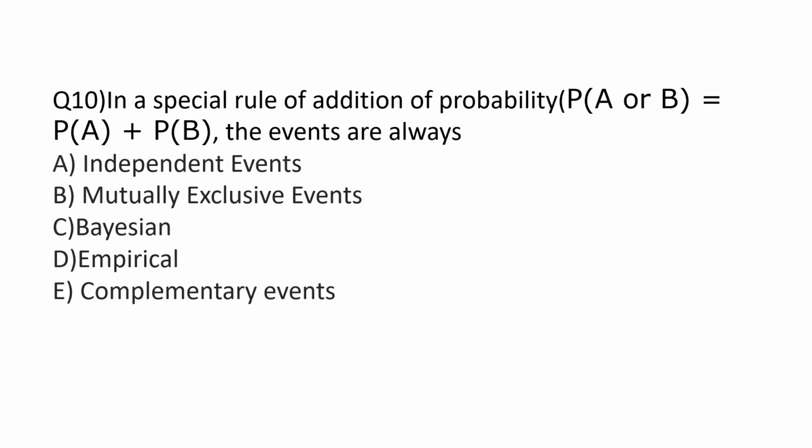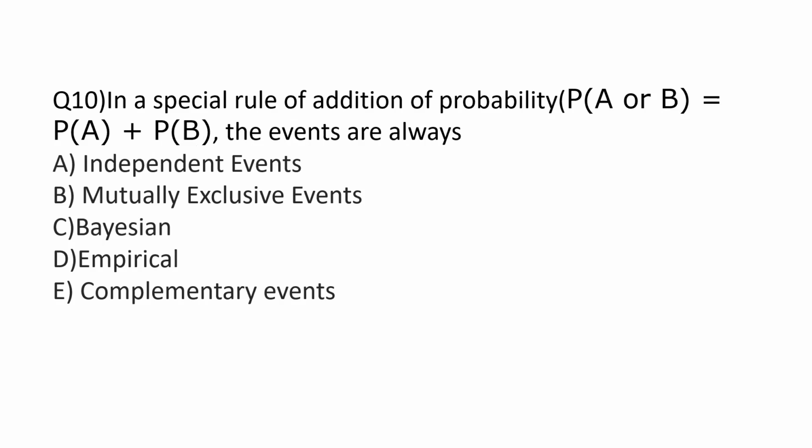And last is the special rule of addition of probability. I have given the formula. This is the probability of A or B, and we are adding the probability of A and the probability of B, and we are not subtracting any other combined probability. Then what type of event would it be?